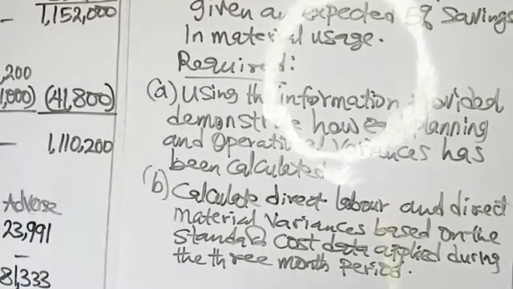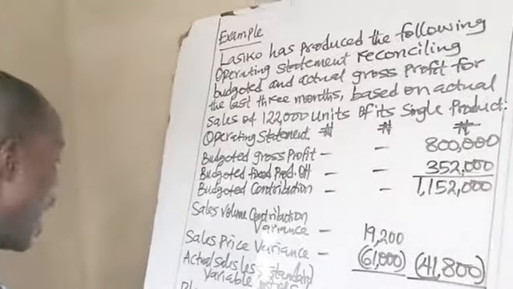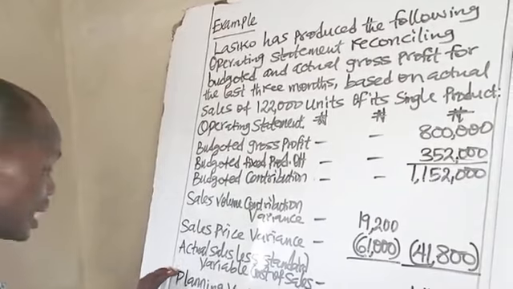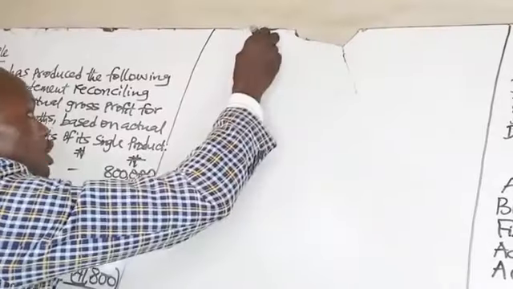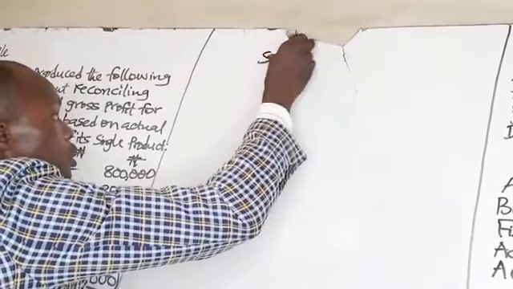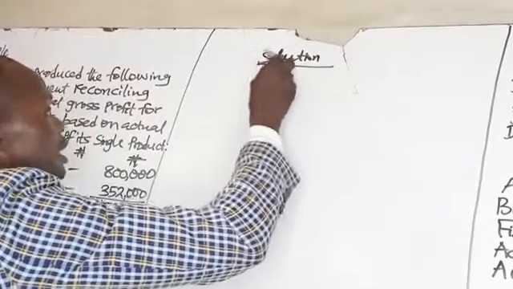The name of the entity is LASICO. You have to demonstrate how these planning variances have been arrived at. Let's have the solution. The name of the entity is LASICO.